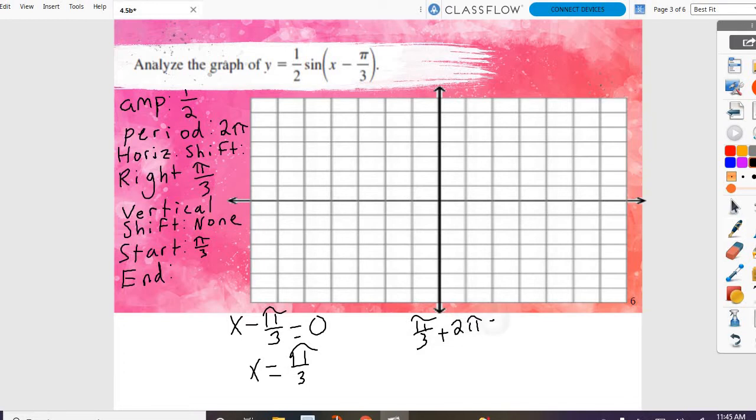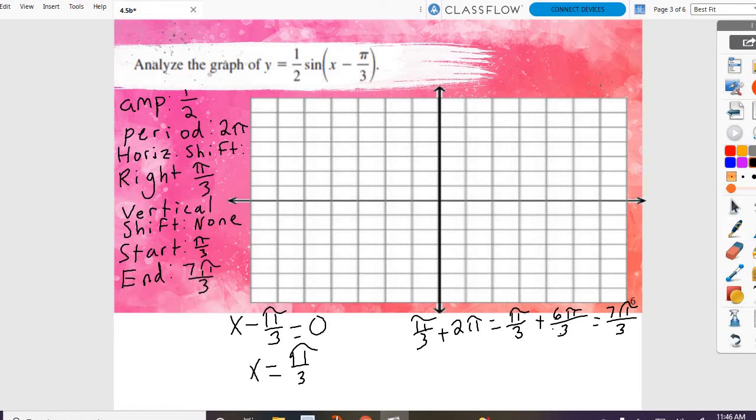So what's our common denominator? 3. So we get 6 pi over 3, which gives us 7 pi over 3. So that's going to be our ending spot.